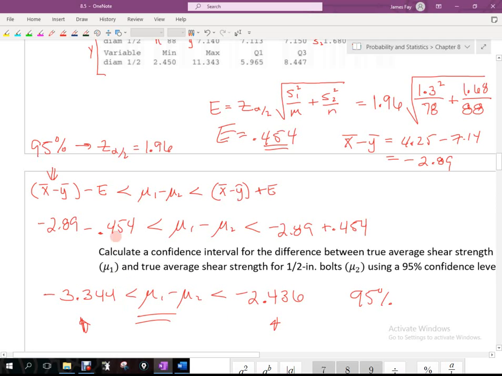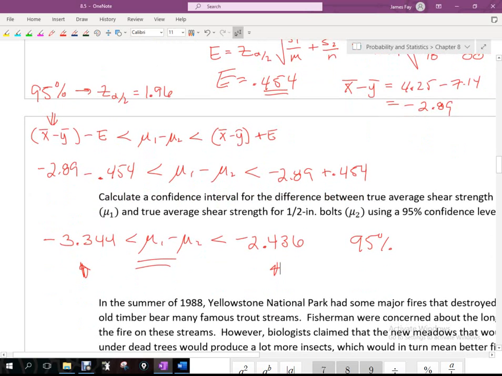Does that make sense? Okay. So mu sub 1 minus mu sub 2 has to be less than 0. Is everybody okay with that? That's what it means by mu sub 1 minus mu sub 2 to be negative. Okay, and we know it has to be negative because it has to fall between these two numbers that we just found.